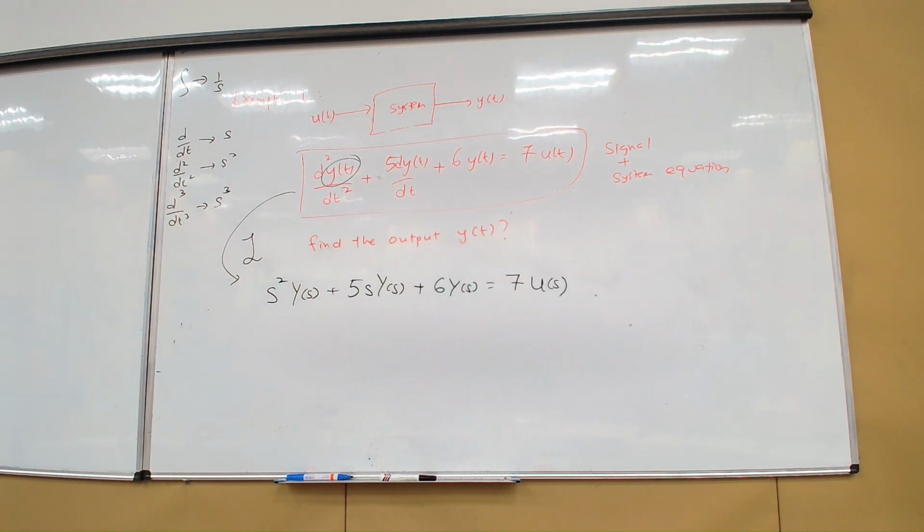You will replace it later, ut becomes us, or you can get ut become 1 over s just now, but we will use it later.